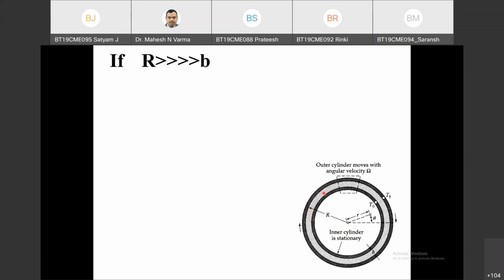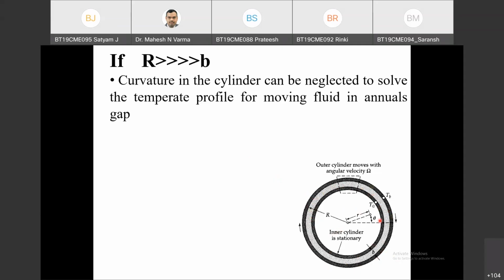So instead of this round shape in the theta direction, we can assume the curvature of the cylinder in the theta direction can be neglected to solve the temperature profile for the moving fluid.